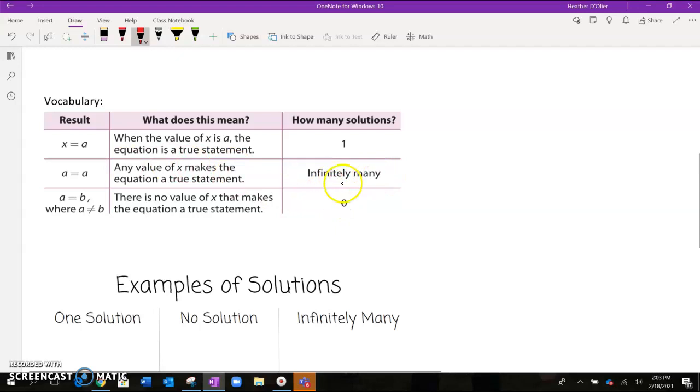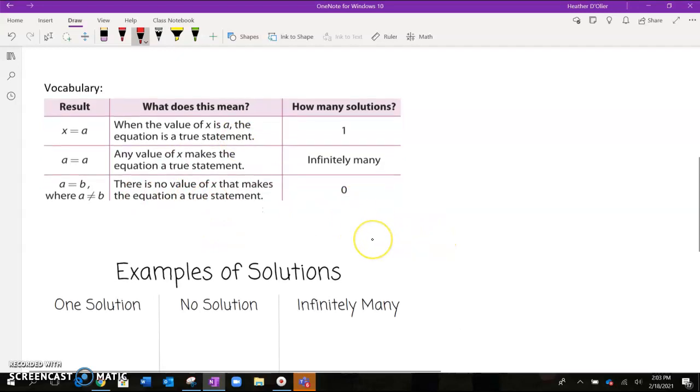That's infinitely many. Any value of x makes the equation true. It doesn't matter what you substitute in, it's always going to be accurate. However, if you get a statement like a equals b, and it can get confusing because they're just using so many variables here, where a does not equal b, there's no value that makes the equation true. There are 0 solutions.